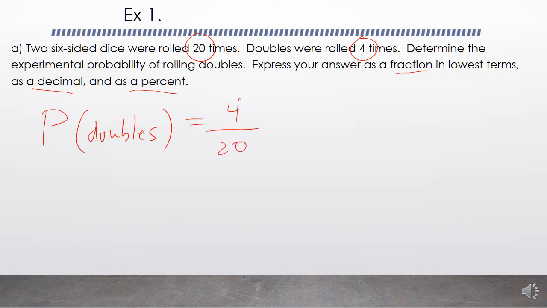Now we want that in lowest terms. I showed you guys how to use the ABC button on the calculators that I have in class. If you happen to have your own very similar scientific calculator, you could use the ABC button again. So you could type in 4 ABC 20, and it should give you 1 over 5. If you don't have that type of calculator, you're going to have to do things the hard way.